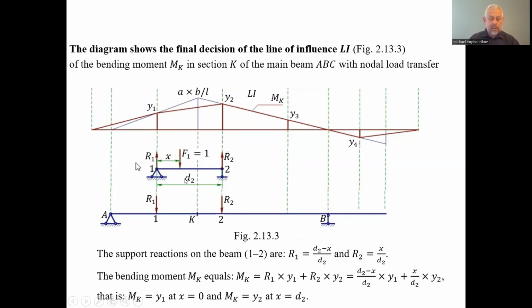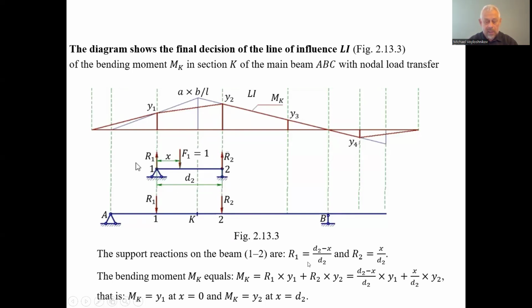On the panel, we have the supports as if we assume this panel separately, so we have the action of the force at the place x, and the reactions of the supports of this one panel are the forces from the main beam to the second panel.